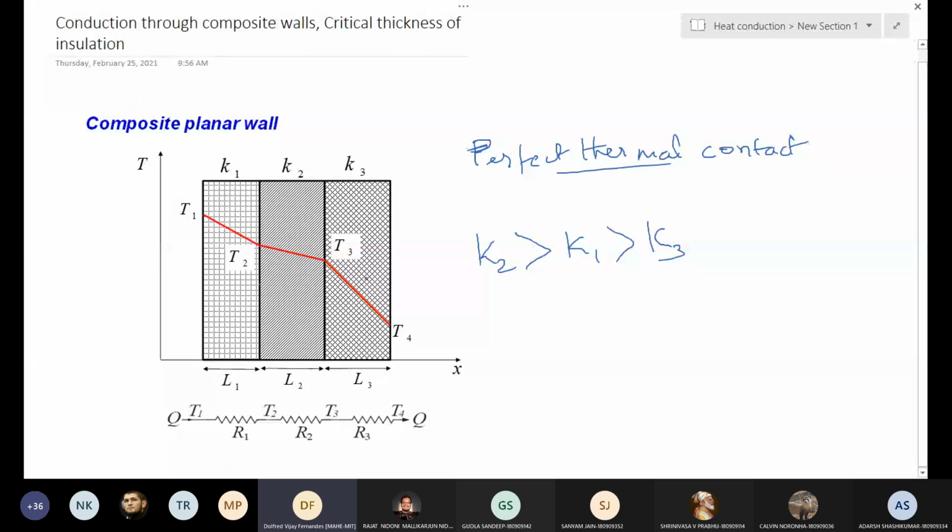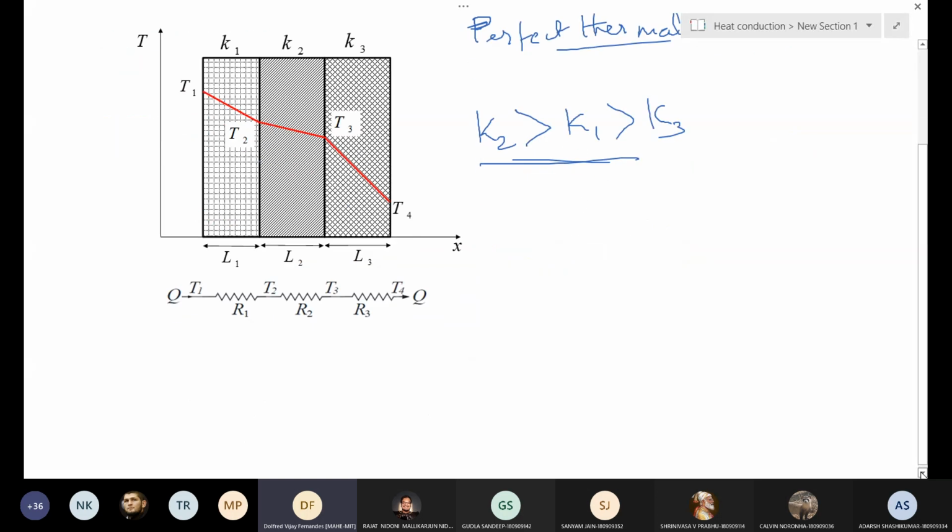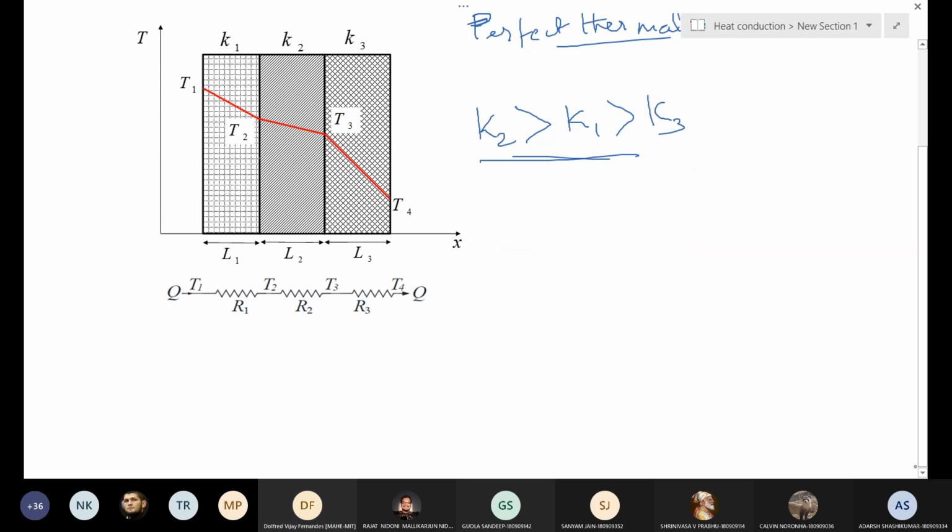Under steady state, we know that the rate of heat transfer through all these walls should be the same. This is just steady state heat transfer we are considering. So if this is the temperature drop profile, then we can easily write K2 is greater than K1 is greater than K3. Now let's write the heat transfer through the first wall at steady state.